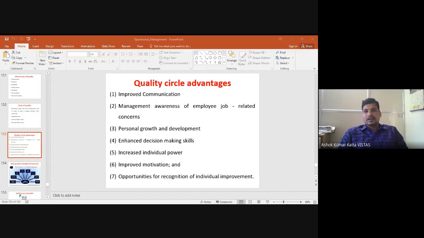First one, improved communication. Every time, companies give betterment, saying we are providing the best quality. Once they understand the best quality of the product, or whenever they have updated their product with certain features, they immediately try to convey it to the public through improved communication.